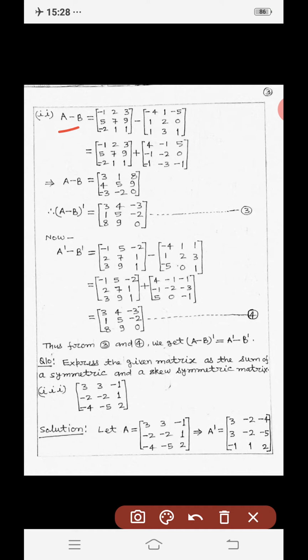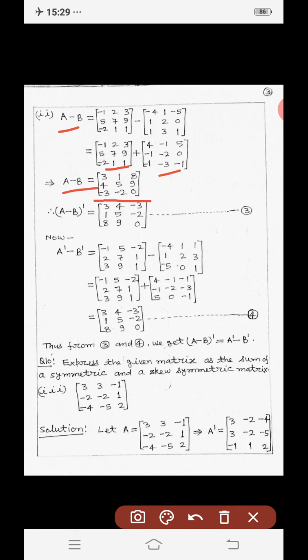Dear students, here we multiply by -1 in matrix B. We get [-1, 2, 3; 5, 7, 9; -2, 1, 1] plus [4, -1, 5; -1, -2, 0; -1, -3, -1]. Now adding the corresponding elements, we get A minus B equal to [3, 1, 8; 4, 5, 9; -3, -2, 0].